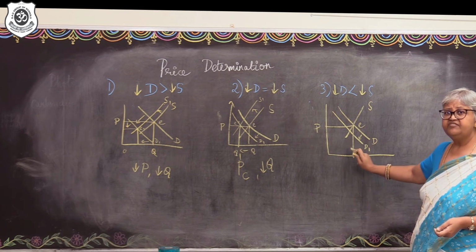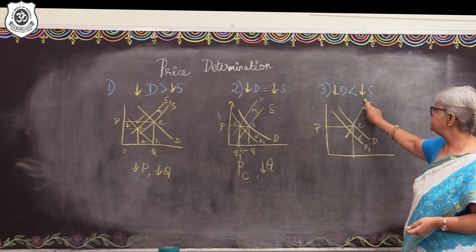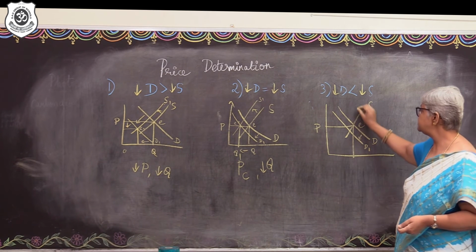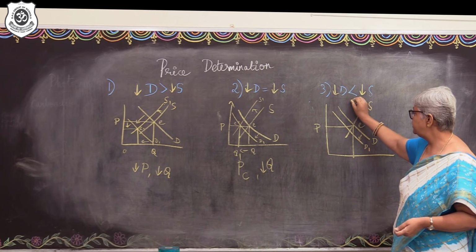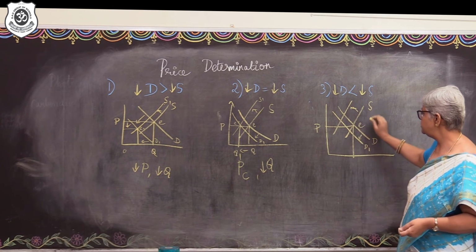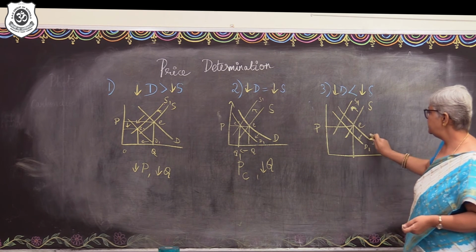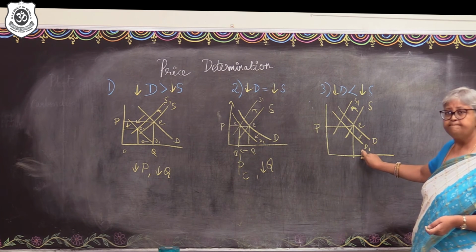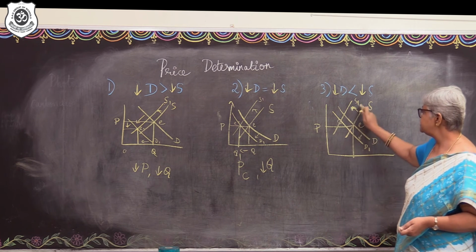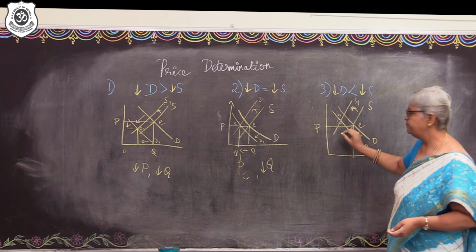Demand is shifting to the left, indicating a fall in demand. Then supply is going to fall too, which can also be depicted through a leftward shift. So S is shifting to S1, D is shifting to D1. The new equilibrium will be on the new supply and the new demand curve, at E1.